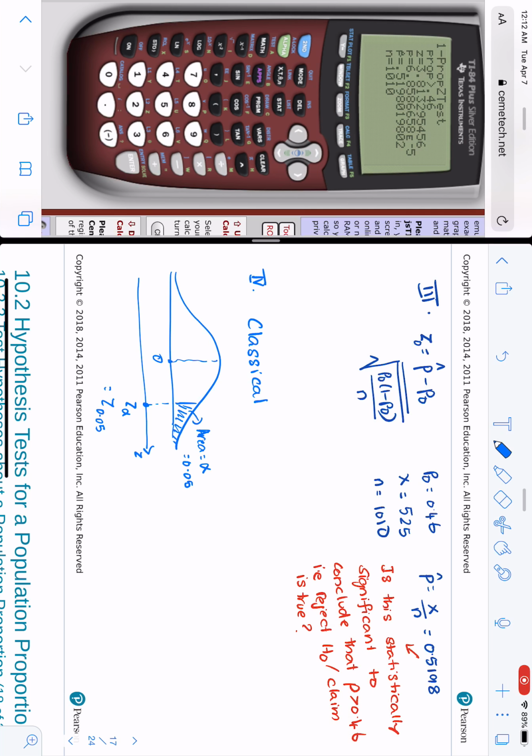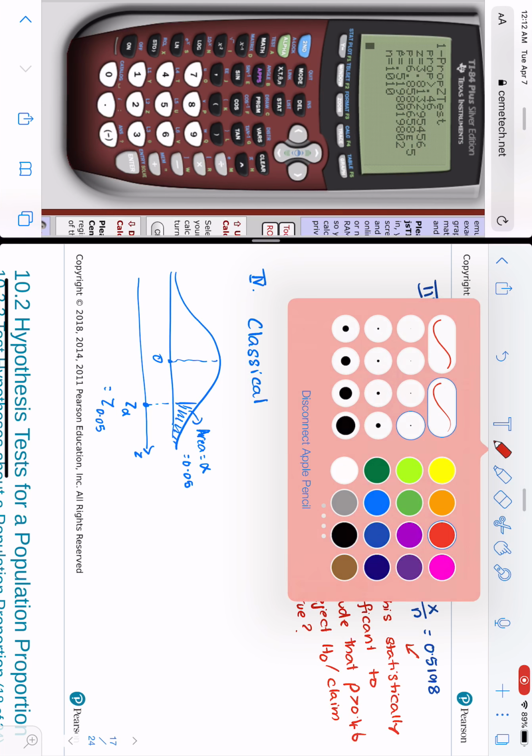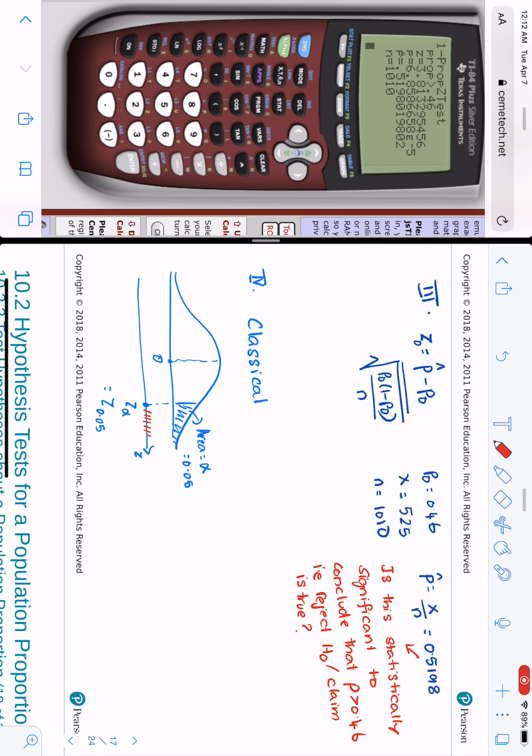Keep in mind the critical value is a percentile, and we know that percentiles are computed using inverse norm function. And we have to enter the area below z sub alpha, which is that point right there. So if the area to the right or above z sub alpha is 0.05, the area below is 0.95.